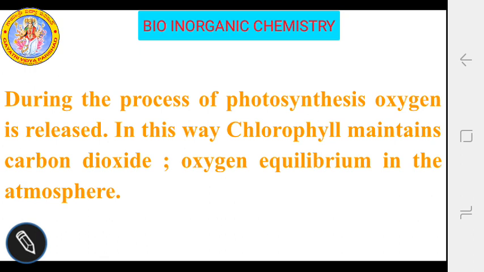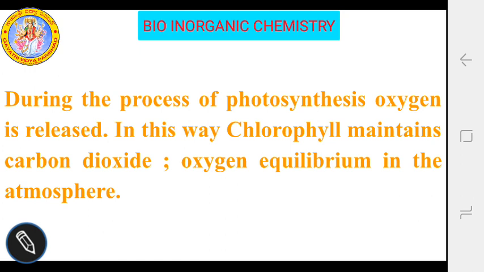One more significance of chlorophyll is that during the process of photosynthesis, oxygen is released. In this way, chlorophyll maintains carbon dioxide oxygen equilibrium in the atmosphere. Chlorophyll not only acts as photosynthesizer and also catalyst, and gives a green color to plants, it also plays a main role in maintaining carbon dioxide oxygen equilibrium in the atmosphere.